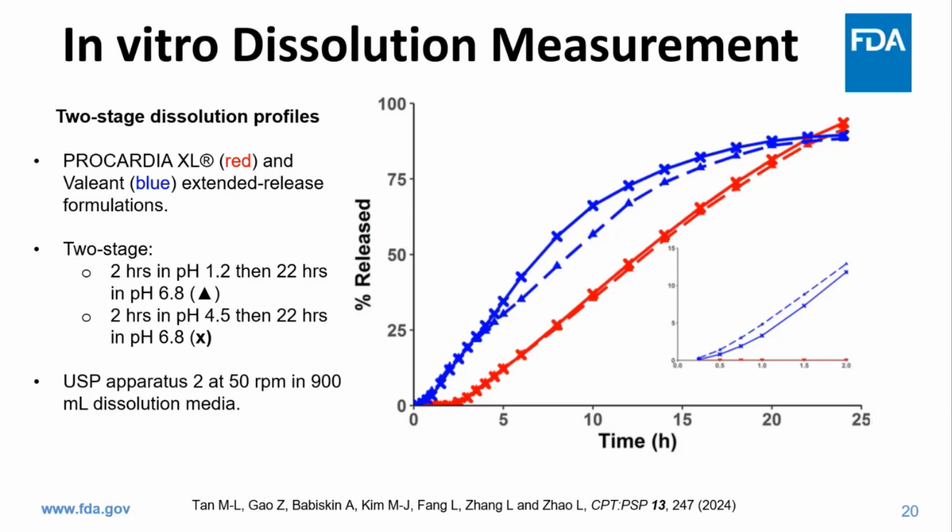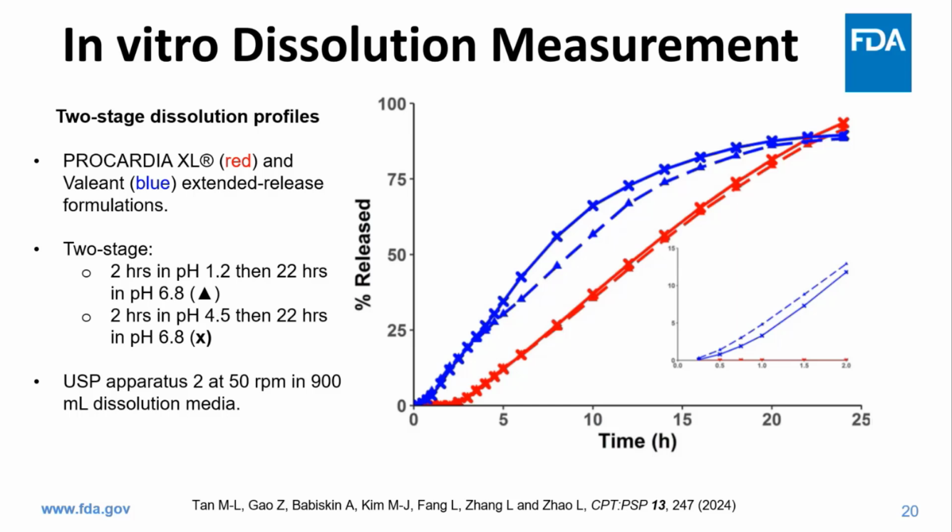During the experimental measurement, one tablet was placed in a dissolution vessel containing stage 1 dissolution medium, either with pH of 1.2 or with pH of 4.5, for the first 2-hour dissolution testing. After the first 2-hour stage 1 dissolution test, the vessel medium was replaced with the dissolution medium of pH 6.8 for the 22-hour stage 2 dissolution testing.